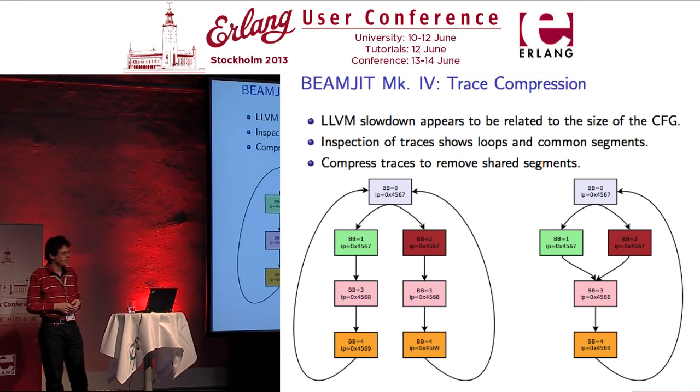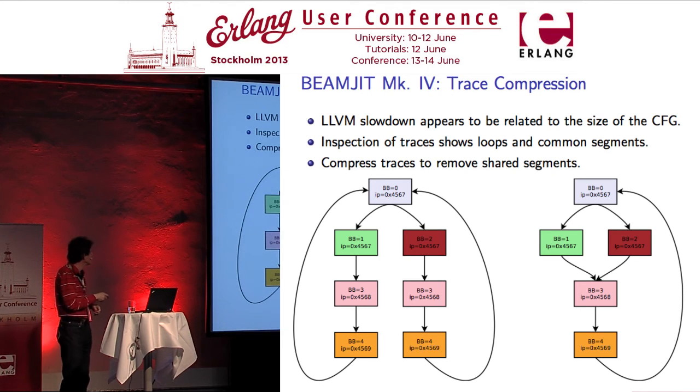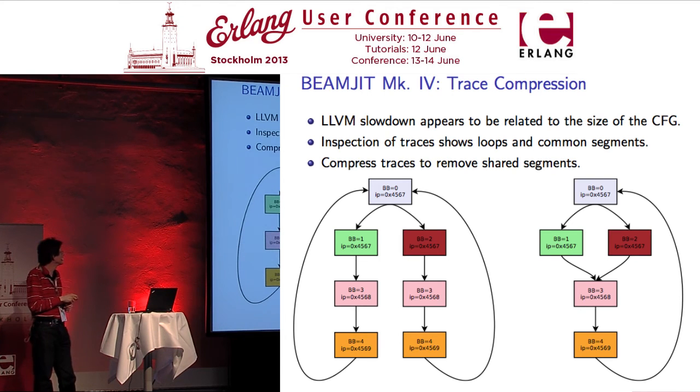If you look at these problematic traces, you find that there are things that look like loops inside them, or branches which separate the trace in two paths, which share the same prefix, do something else, and then have the same tail parts, like the one here on the left. So the boxes are basic blocks.